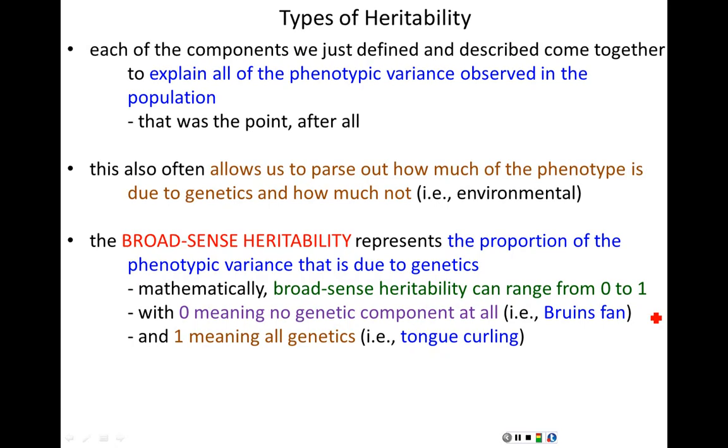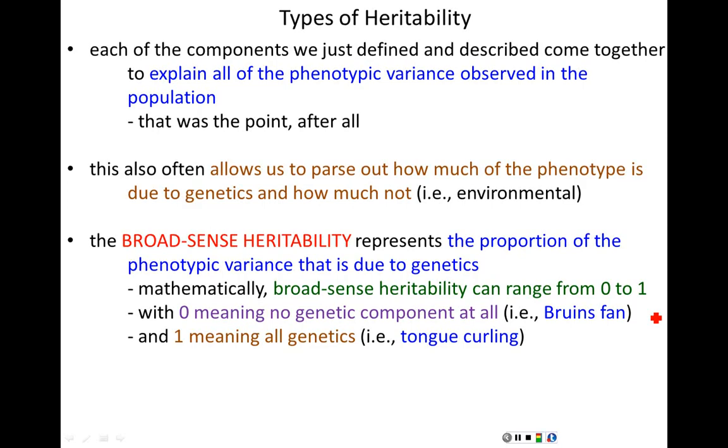Traits with a broad sense heritability of 0.8 mean that, and this is a loose translation, but it's certainly sufficient for this course at this level, 80% of the phenotypic variance is due to the genetics, meaning 20% is due to the environment.